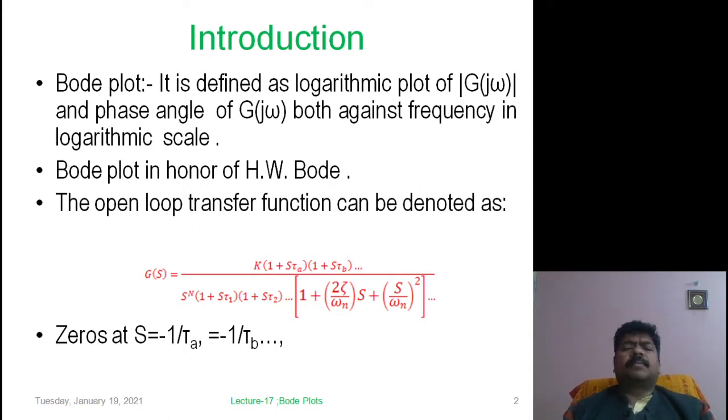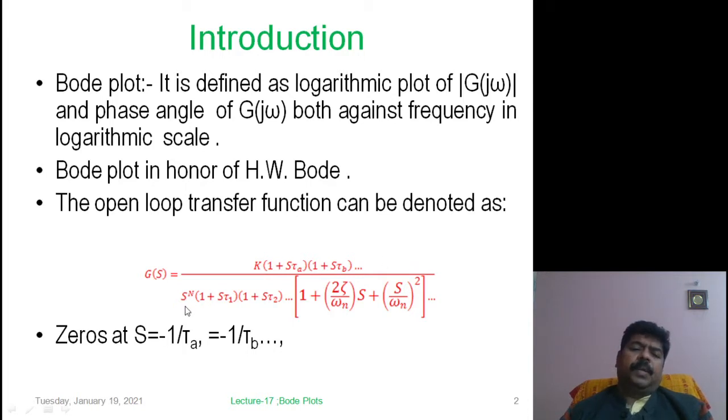So any open loop transfer function can be denoted as G(s)H(s) equal to K times (1 plus sTa)(1 plus sTb), and so on. It may have a number of factors in the numerator.